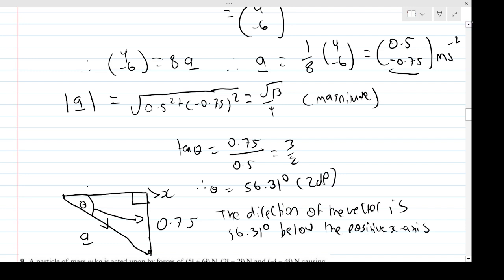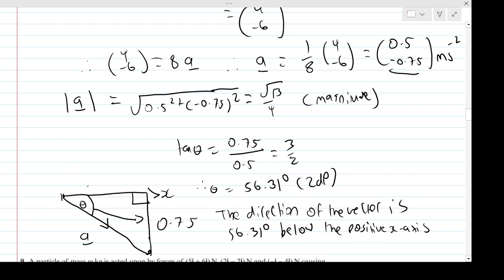That's very awkward, I have to mention below and the positive x-axis, because otherwise we could have this angle here, 56.31, that's above the x-axis. Or it could be here, this could be 56.31 degrees as well, but that would be below the negative x-axis. So you have to be quite specific.